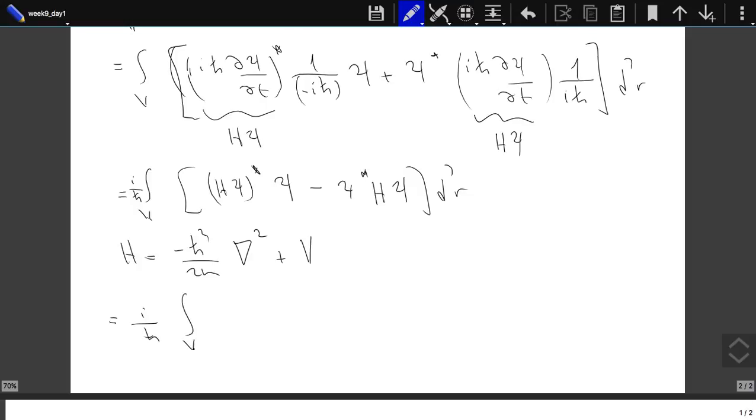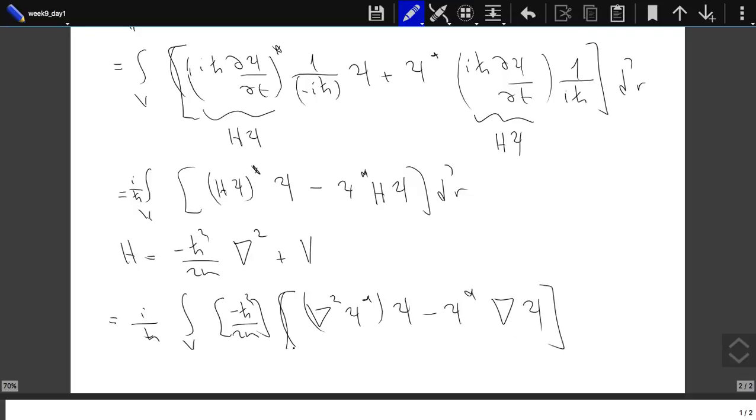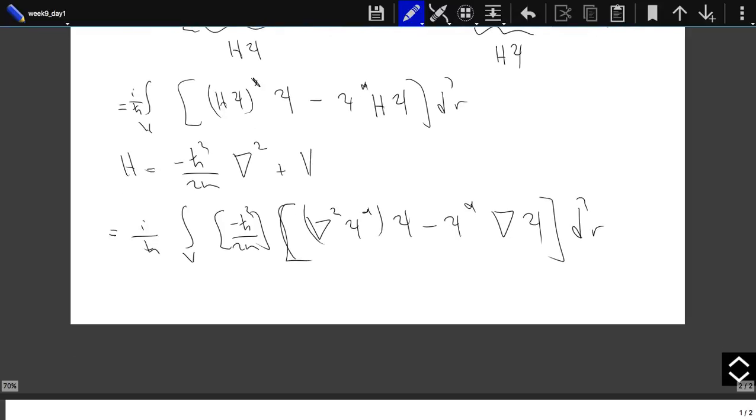And what we are left with is, let me take this minus h bar squared over 2m also out, Laplacian of psi star times psi minus psi star times the Laplacian of psi d cubed r. We are almost done.